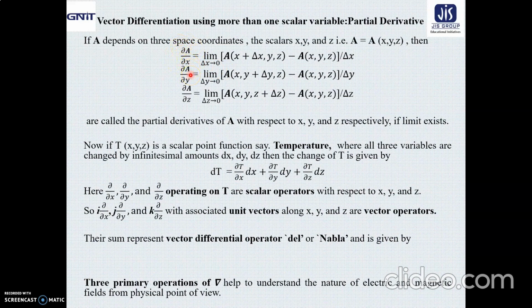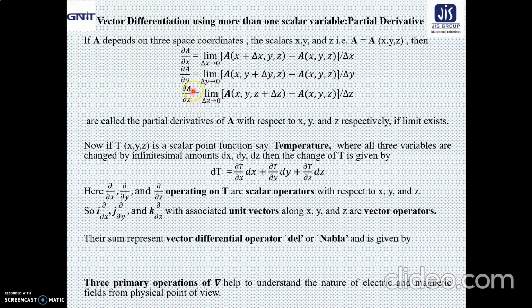Now come to the second one. Here we are taking the change with respect to y, keeping x and z fixed. So the corresponding derivative is represented by del A del y. Limit of delta y tends to 0, A at x, y plus delta y, z minus A at x, y, z divided by delta y. In the limit, obviously delta y tends to 0.